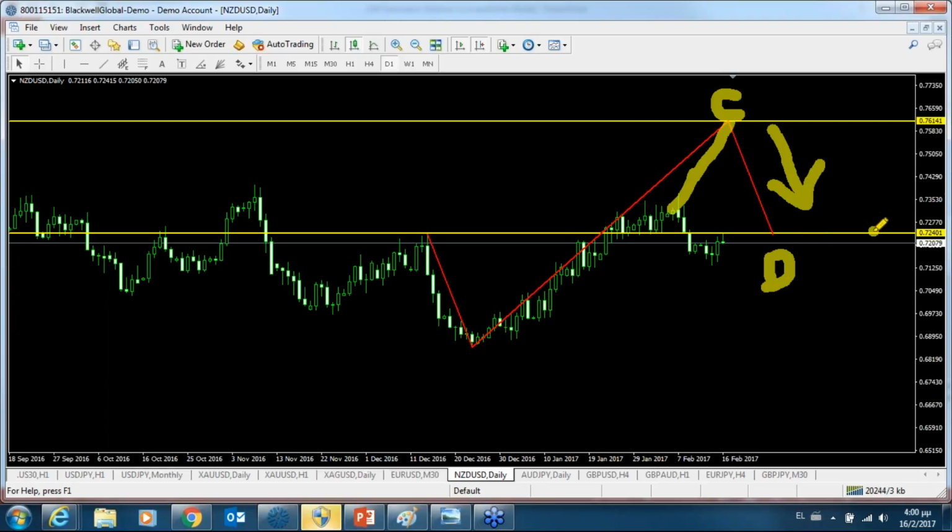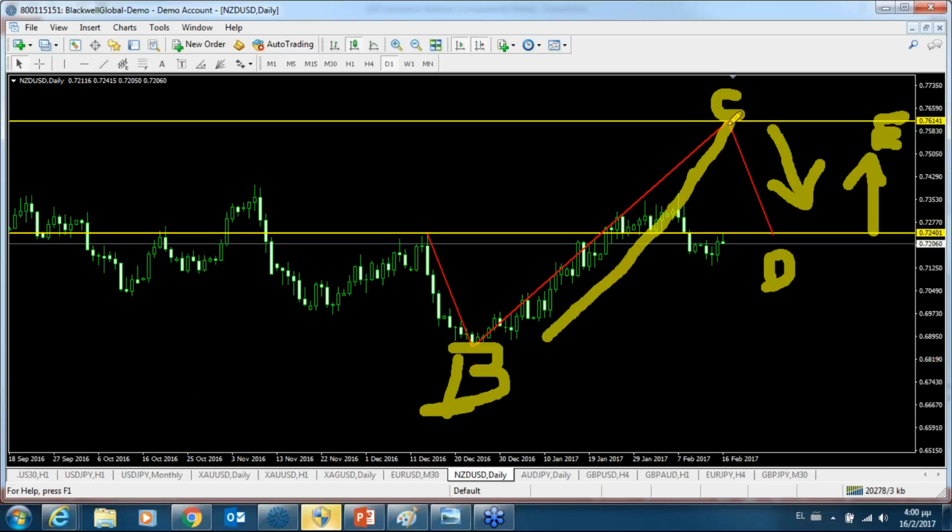And then maybe a potential D to E as well to the upside, but that's too early a stage because we need the B to C to complete. B to C needs to complete to the upside, go towards C, then we are looking into that rebound move coming downwards, which is C to D. That's for your NZD USD.